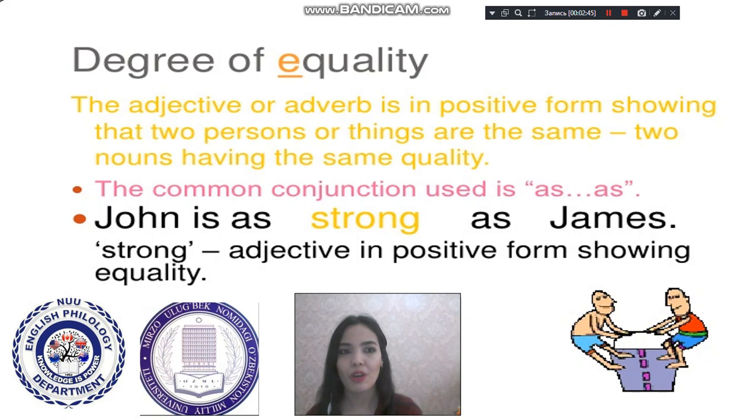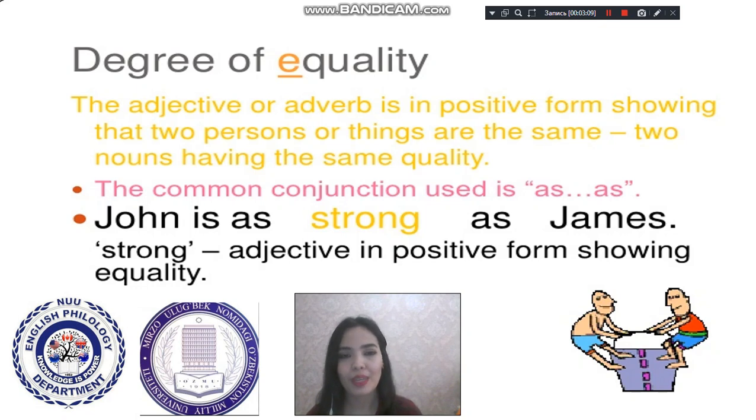One subtype of positive degree is degree of equality. The adjective or adverb is in positive form, showing that two persons or things are the same, two nouns having the same quality. This kind of sentences we will use with the help of conjunction as.